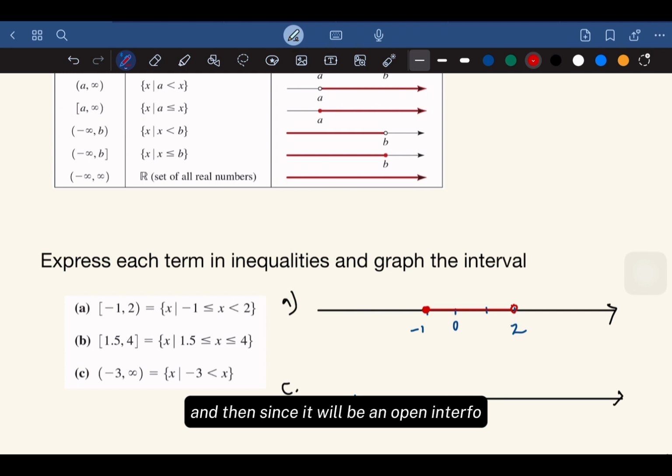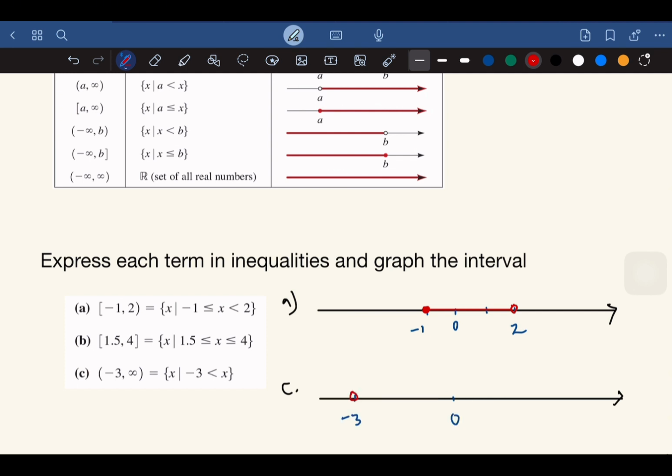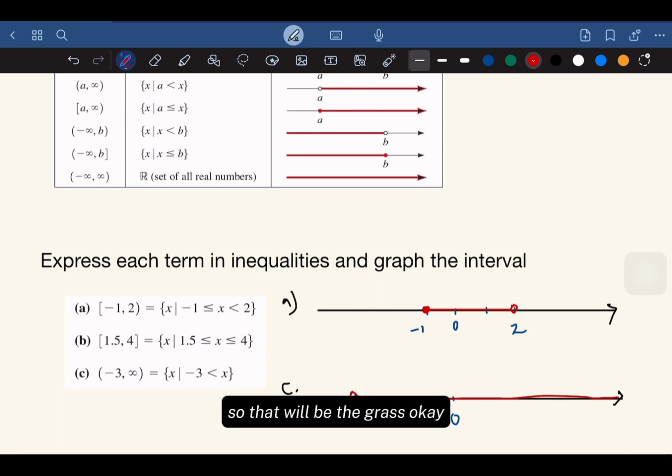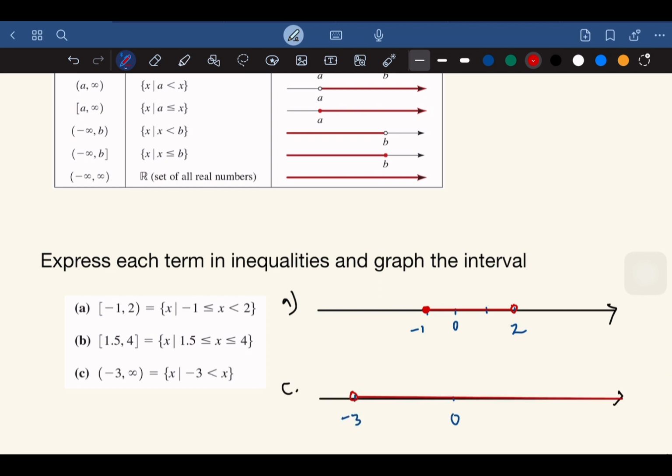And since it will be an open interval, that will be the graph. Okay, easy, right? Simple, right?